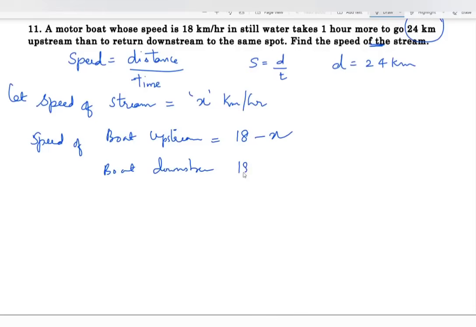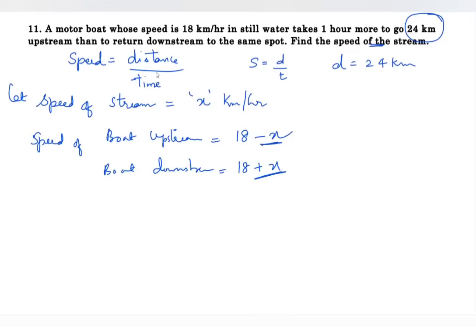For downstream it is 18 plus x. If the boat moves from a higher level to a lower level, the speed will increase, that's why it is plus. For upstream it is against the water, therefore it is minus x. Speed of the boat upstream is 18 minus x, downstream is 18 plus x.